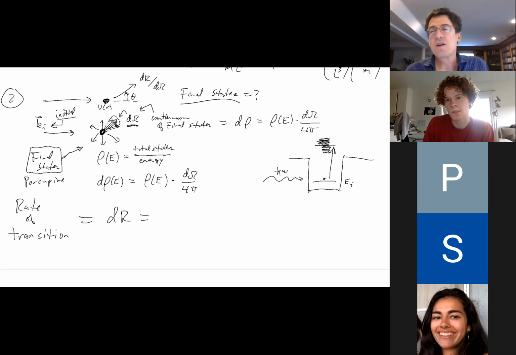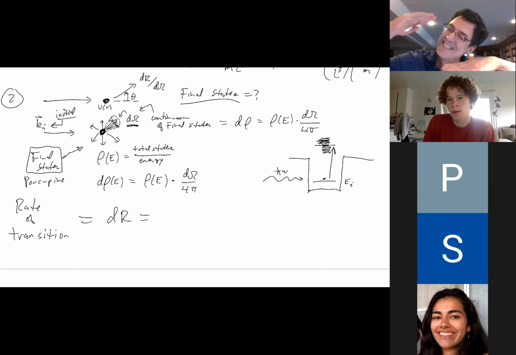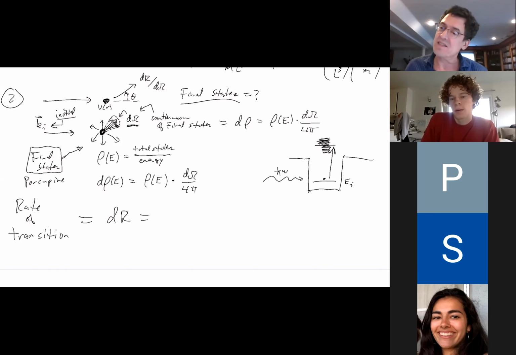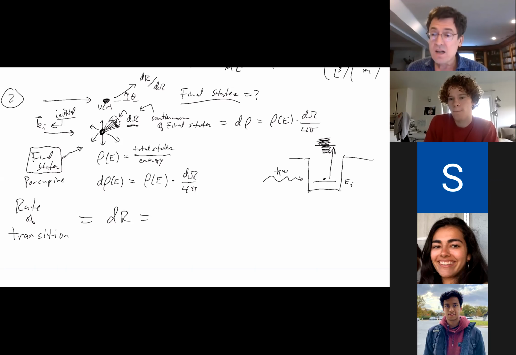Doesn't that look familiar? We start at a well-defined initial state, like now, it's the momentum. We end up in a dense set, a continuum of final states. We did this problem. Would it be the probability current integrated with the density of states or something?